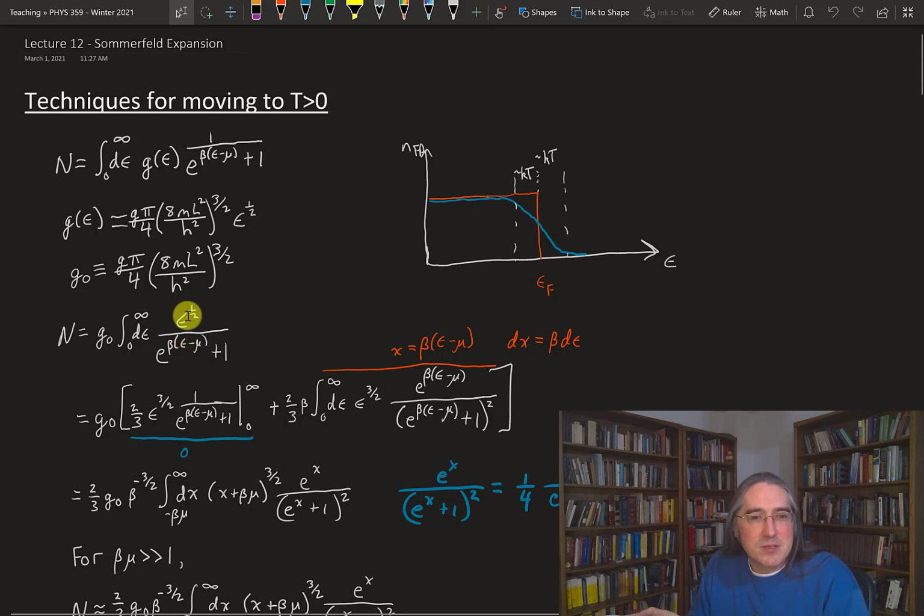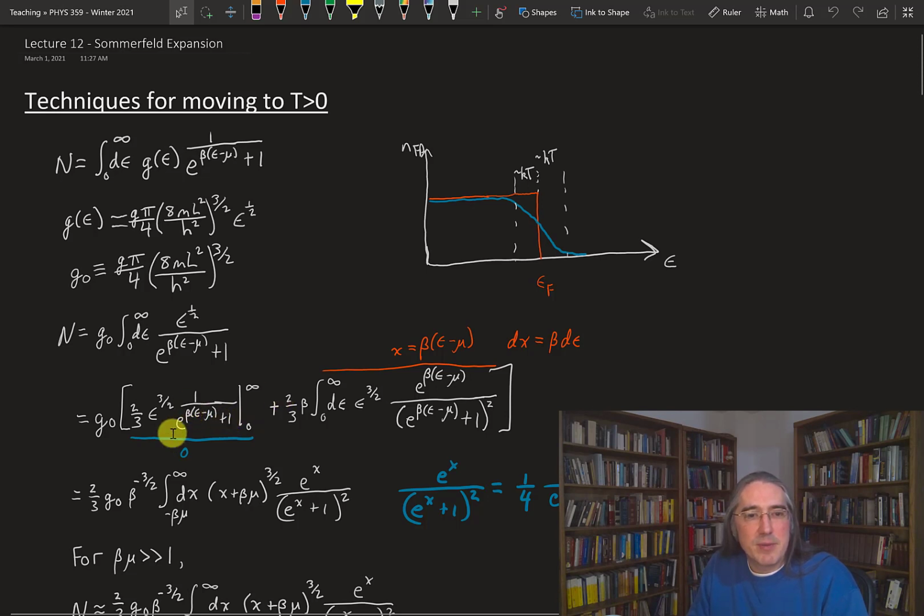So if we integrate by parts, we'll integrate the epsilon to the 1/2 bit, which gives us 2/3 epsilon to the 3/2. Here's our Fermi-Dirac. When we plug in 0, the epsilon gives us 0. When we plug in infinity, this term gives us 0. So this whole boundary term is going to be 0. All right. Now, the fun part, we get to take the derivative of the Fermi-Dirac distribution with respect to epsilon.